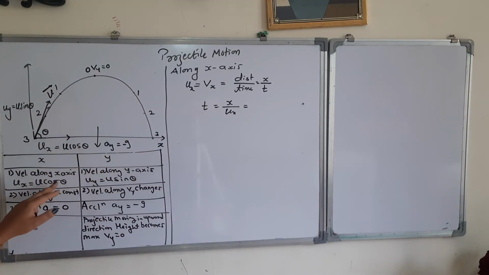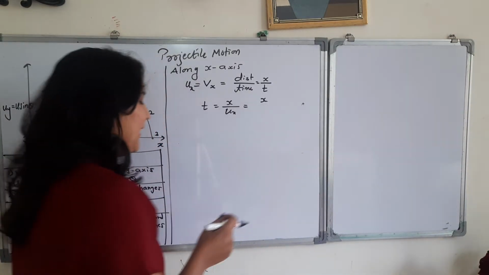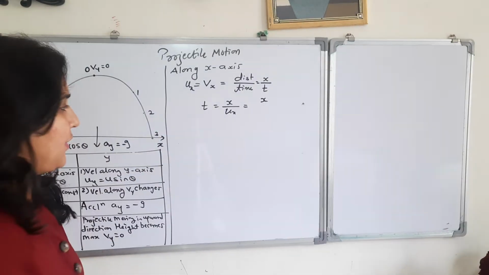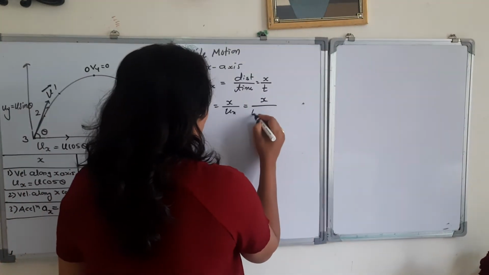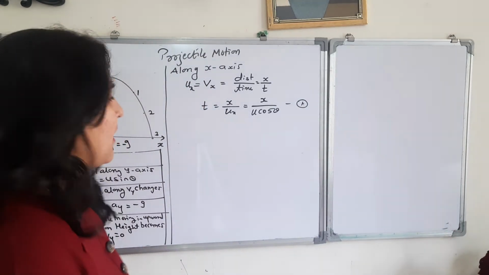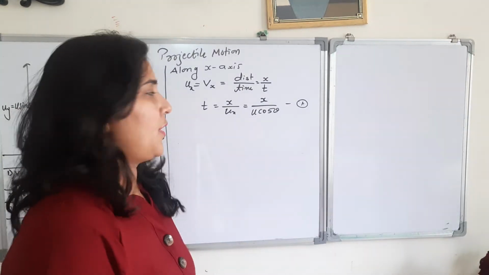Meaning along x, the velocity is u cos theta. So we will use the table we made and find the derivation. So this will be x upon u cos theta. So this must be equation number 1. We got the idea for the time period along the x component, right?